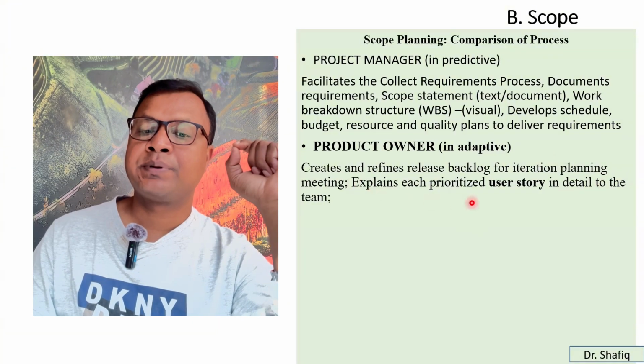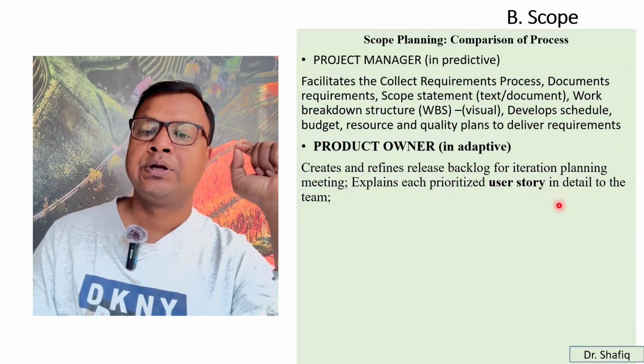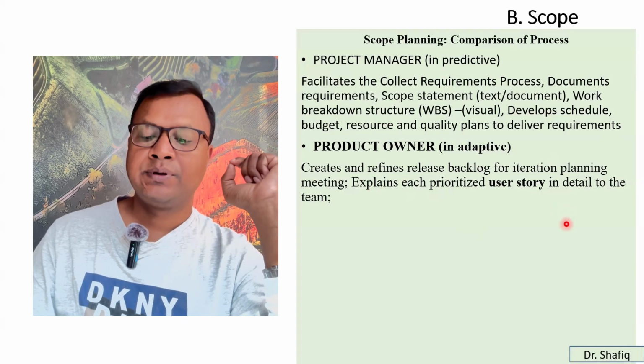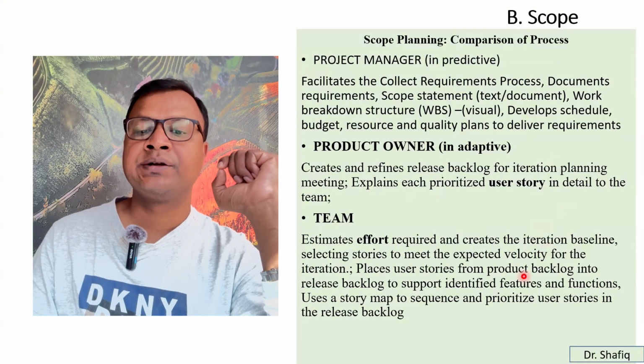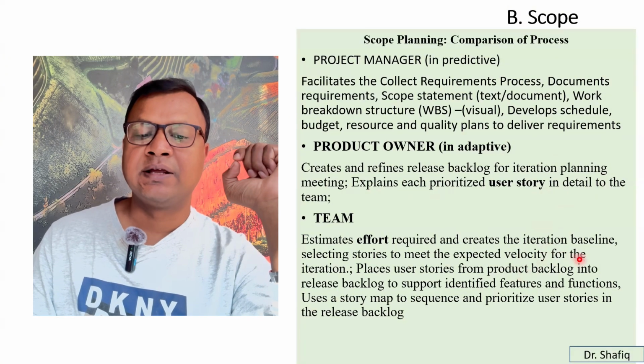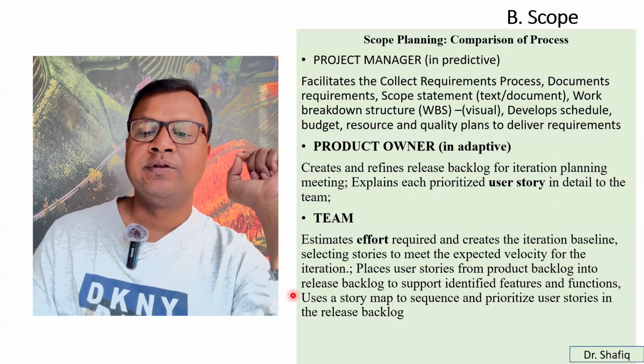Explain each prioritized user story in detail to the team. Then the team estimates the effort required and creates the iteration baseline, selecting stories to meet the expected velocity of the iteration.